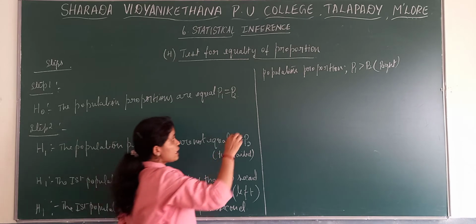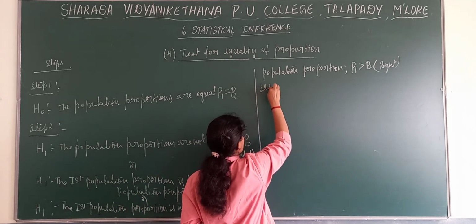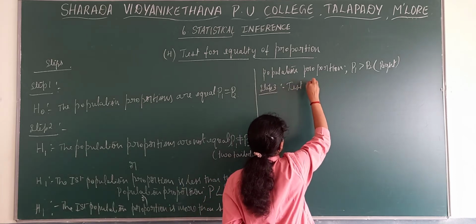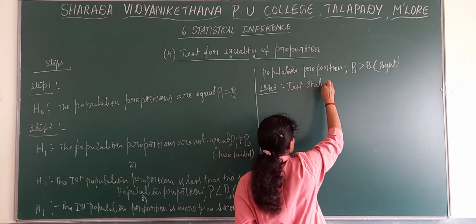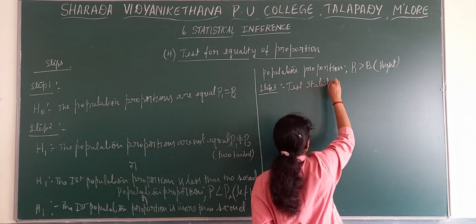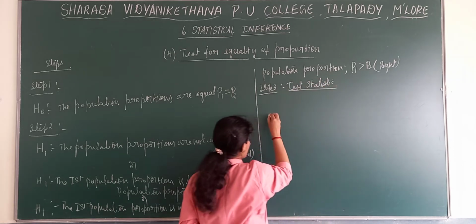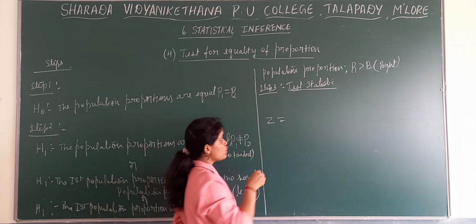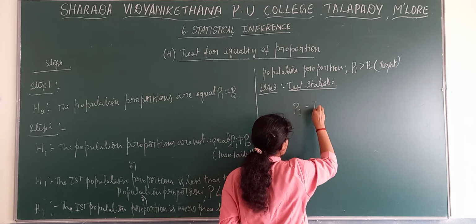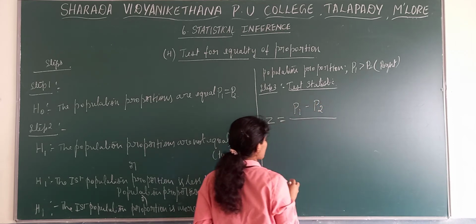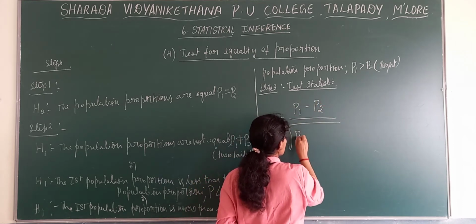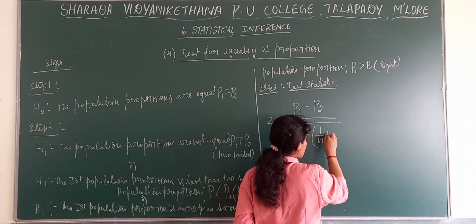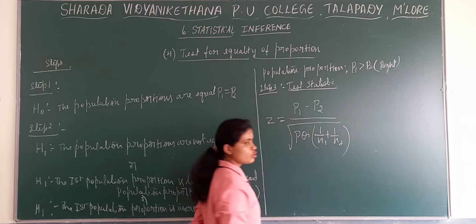Then next we get the third step, step 3, that is test statistic. Now your formula goes like (P1 minus P2) divided by root of PQ times (1/n1 plus 1/n2).